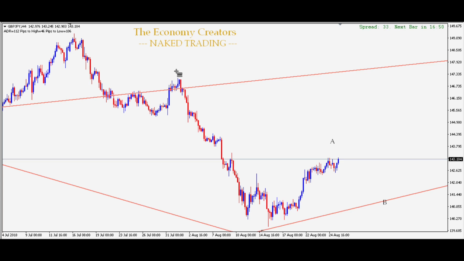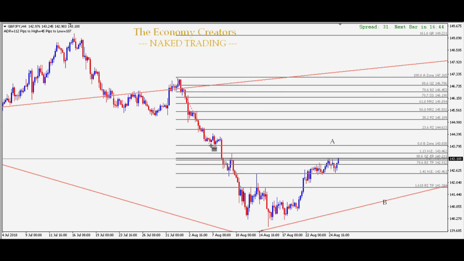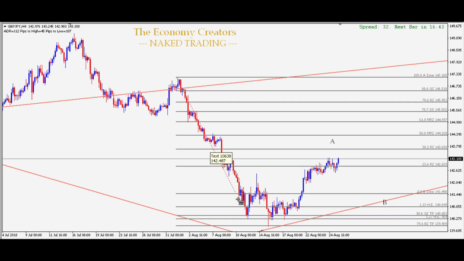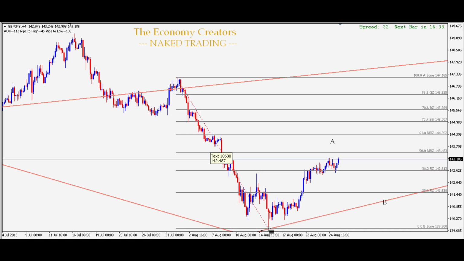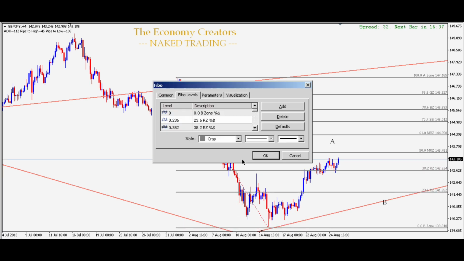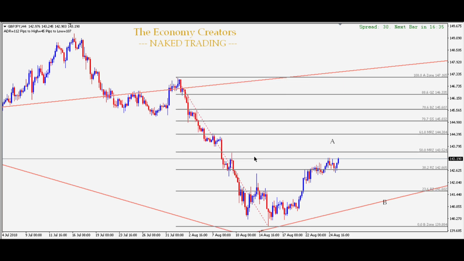All right, here's the fib. Like I said, as a bearish bat, we will only have part of that bat being formed right now, but you do have what you need for the start of your bearish bat.